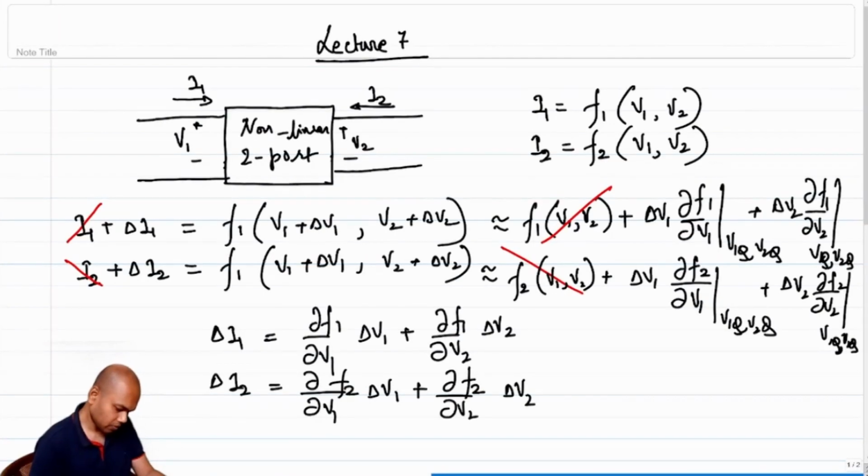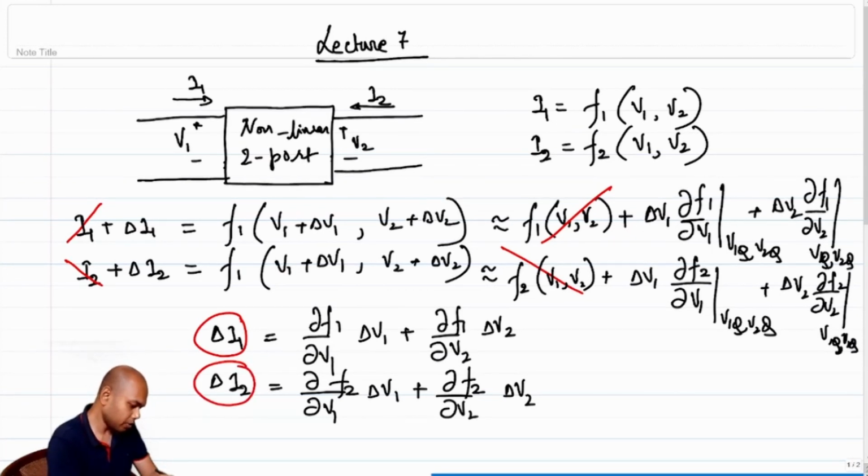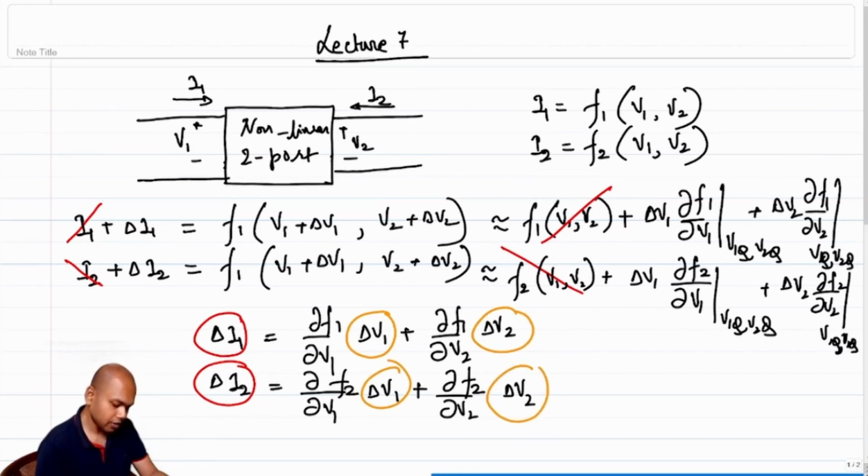We saw that this is nothing but a set of two linear equations: the incremental currents are related to the incremental port voltages in a linearized fashion.